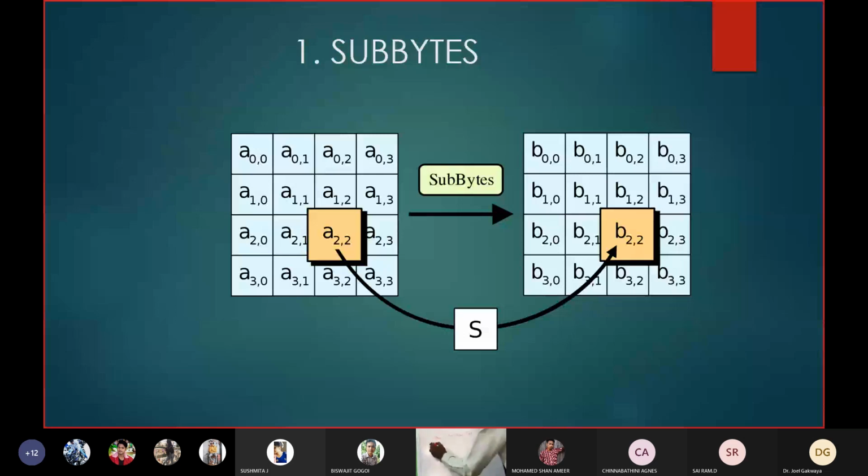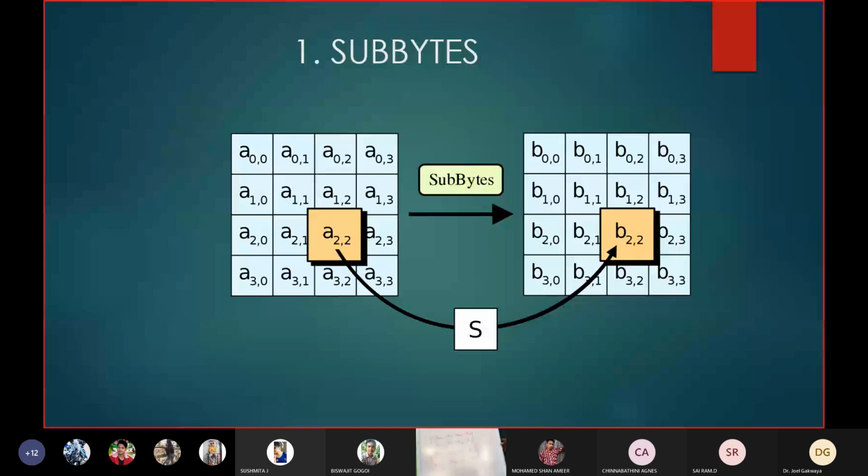The second is going to be A10, A11, A12, A13, A20, A21, A22, A23, A30, A31, A32, A33. Okay, this was the initial matrix.